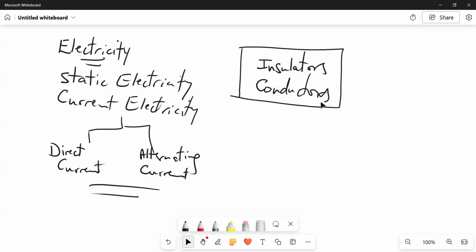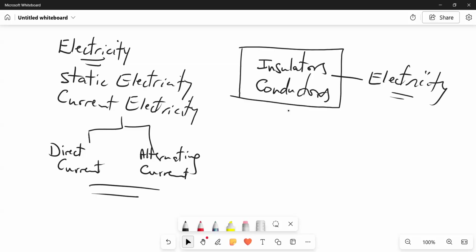And what really are these? What are insulators? What are conductors? Here we're talking about insulators of electricity and conductors of electricity, because these terms can also refer to heat as well.